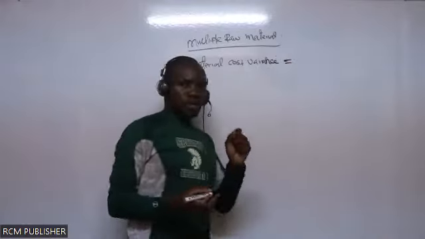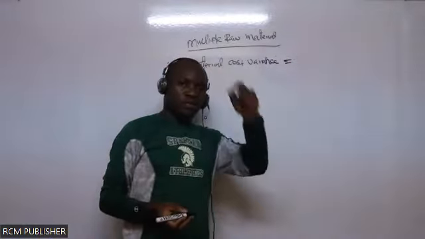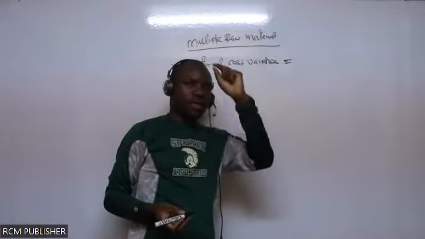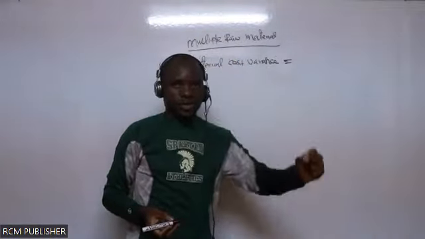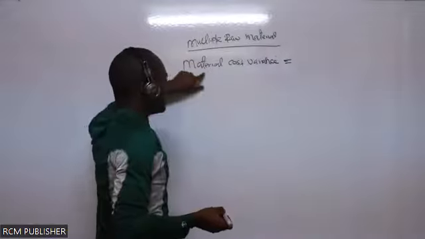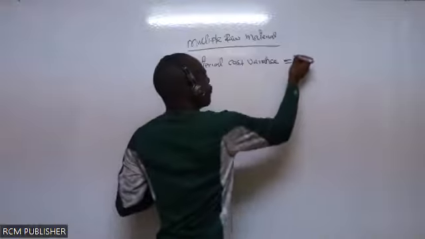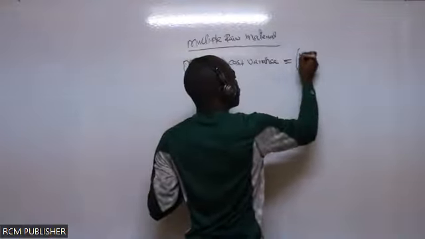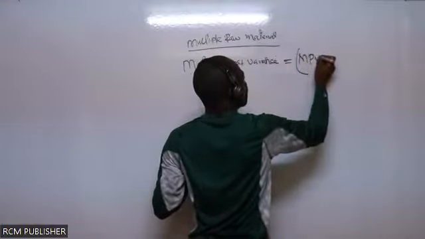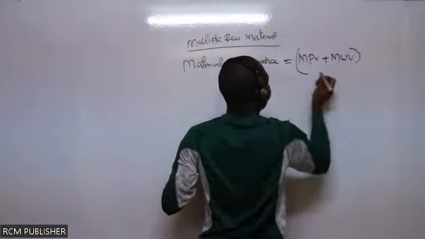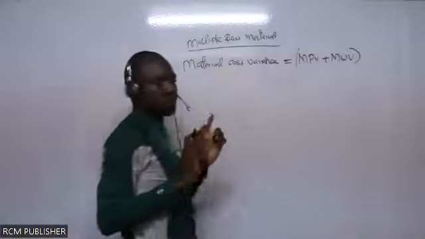The amount you incur to buy raw material is equivalent to the units of the raw material multiplied by the selling price of each raw material. So it means for us to get the material cost variance, you are supposed to have the material price variance plus material usage variance. That is what you need to have.